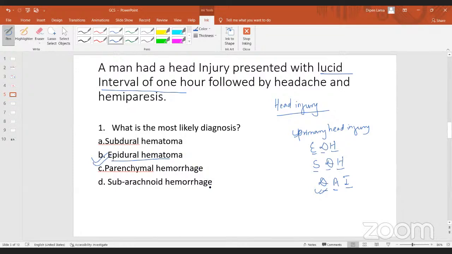For subarachnoid hemorrhage, there should be severe headache, the worst headache of life, and there is no lucid interval. In subdural hematoma, a lucid interval is uncommon. So the lucid interval separates epidural and subdural hematoma in this case. So the answer is epidural hematoma.